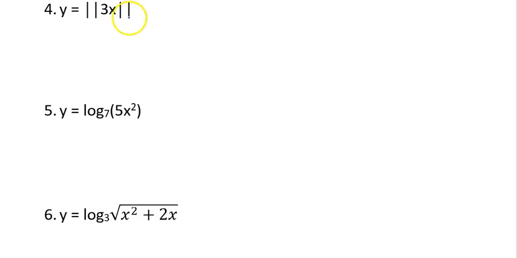For example 4, it looks really unique. I have an absolute value outside of an absolute value. I wanted to show you how it would work if they showed you something weird like that. You just work from the outside in. The first thing on the outside is absolute value, so I have absolute value of whatever's inside, which also happens to be an absolute value. Then whatever's inside goes on the bottom without that absolute value from the outside.